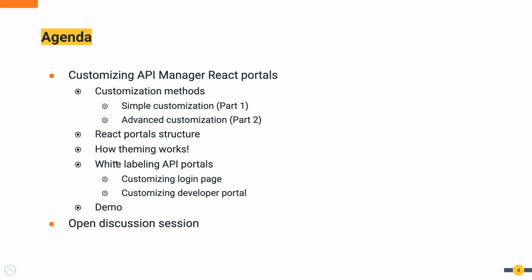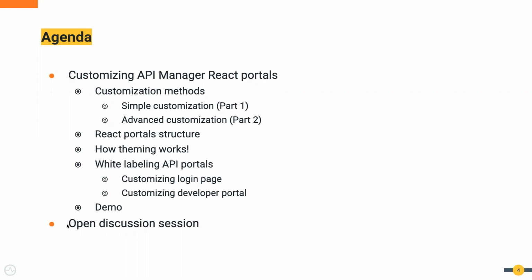And then we will go through the React portal structure in the API Manager portals, and how theming works. Then I will do a demonstration on how to white label API Manager portals, on the API Manager developer portal. First I will be customizing the login page, and then we will go to customizing the developer portal.